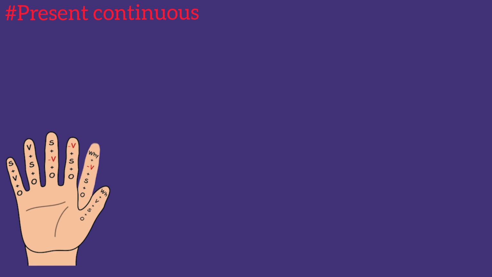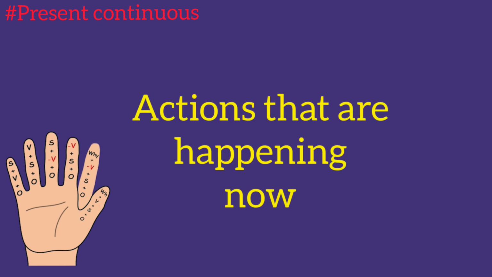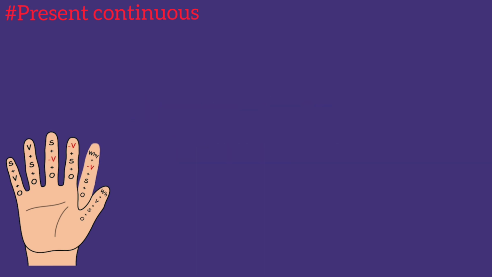Next is present continuous tense. In order to indicate the actions that are happening now, we use present continuous tense. Its formula is subject plus am or is plus V4 plus object.